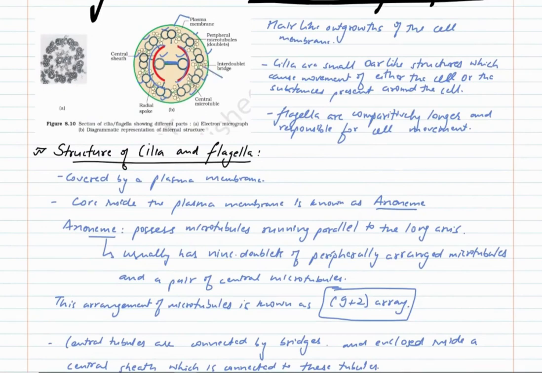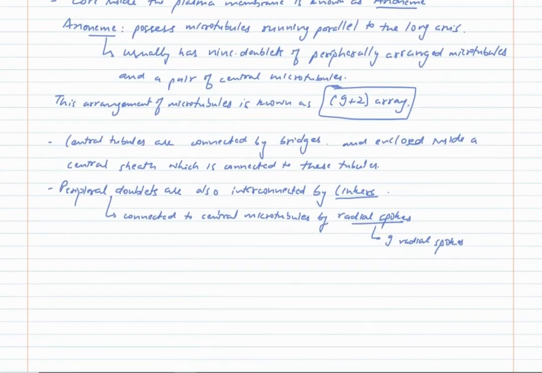As we can see in the diagram, these structures represented by yellow color are the linkers or inter-doublet bridges, and these represented by black color are radial spokes which connect the peripheral microtubules to the central microtubules.